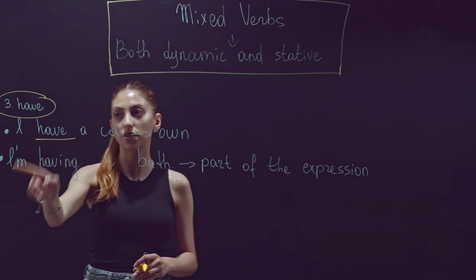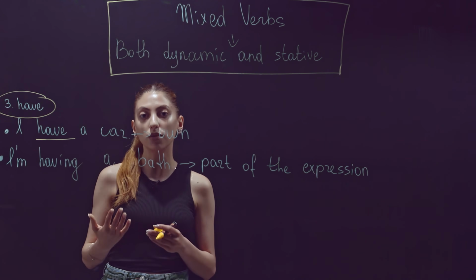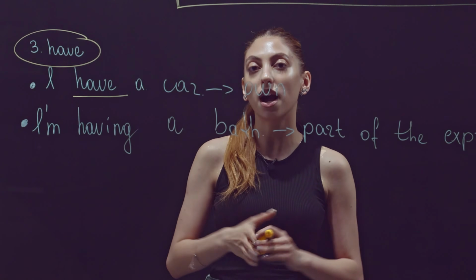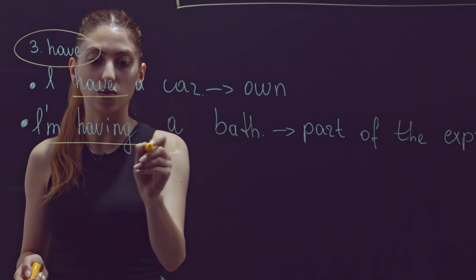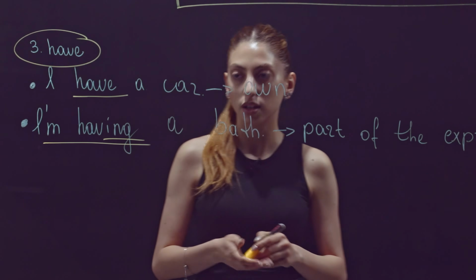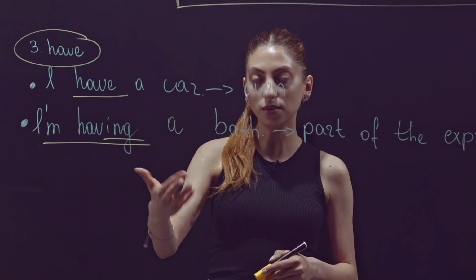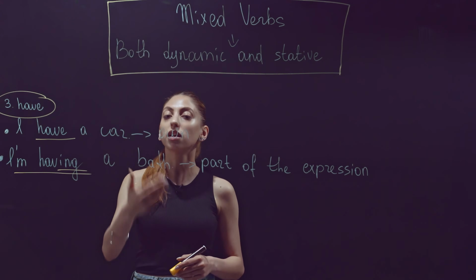In the second case, when we use have, the stative verb, as a dynamic one, we have a completely different meaning. First of all, let's pay attention to the structure. And now let's read the sentence. I am having a bath.